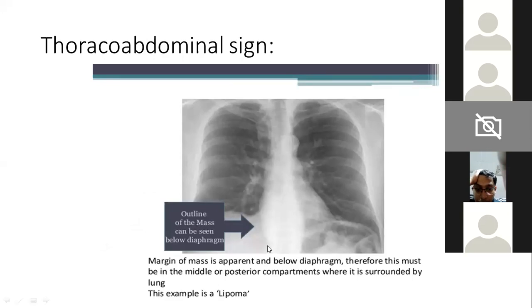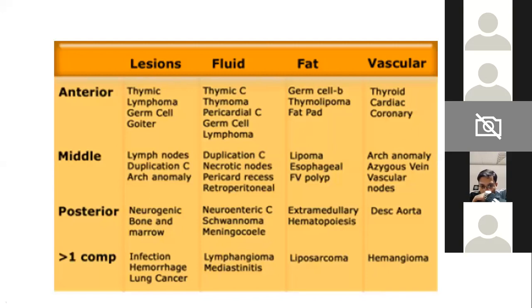So it is likely located in the posterior mediastinum. That is how it helps. There is another connotation of the thoraco-abdominal sign that I will not discuss today. But as far as mediastinal masses are concerned, once we localize it to the mediastinum and see a lesion extending below the level of the diaphragm with well-defined margins, it is in the posterior mediastinum.